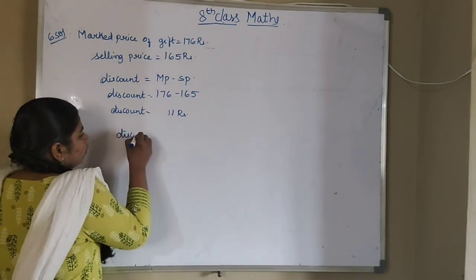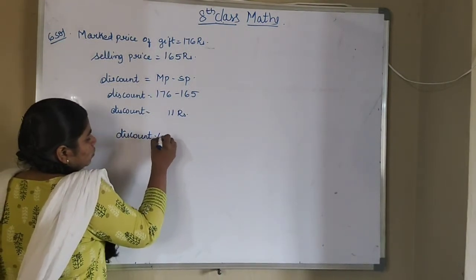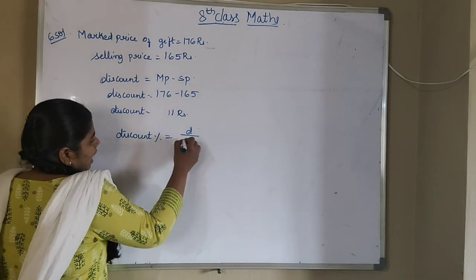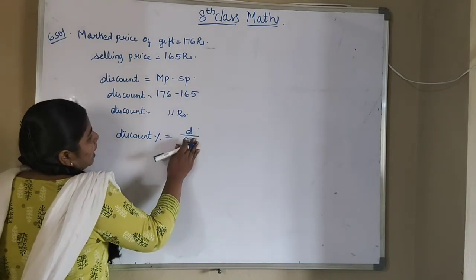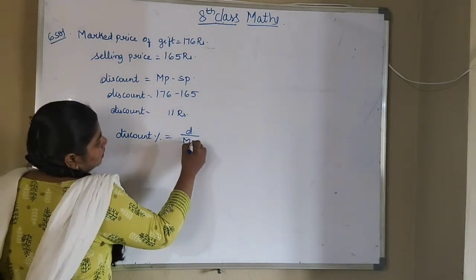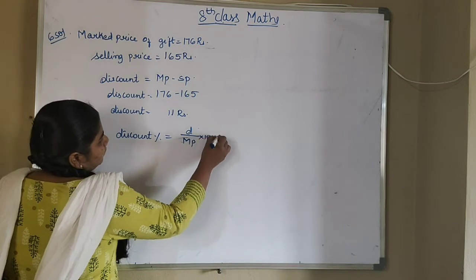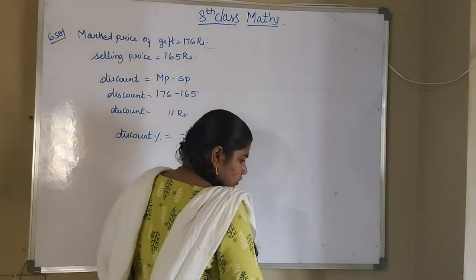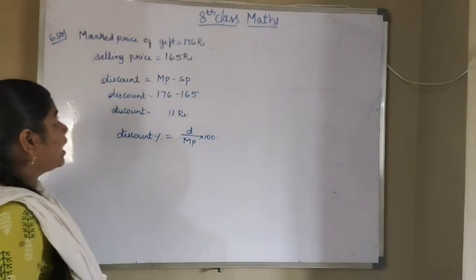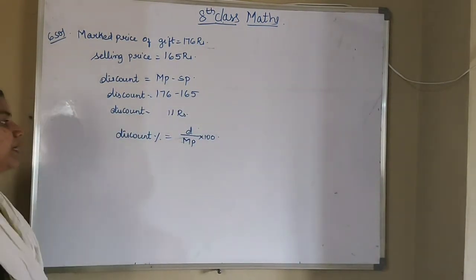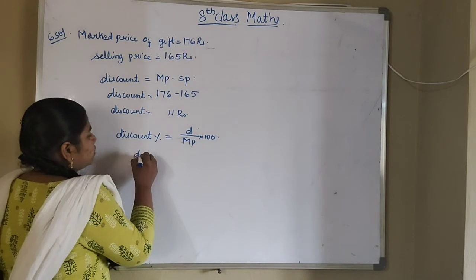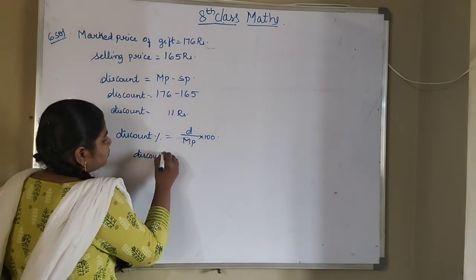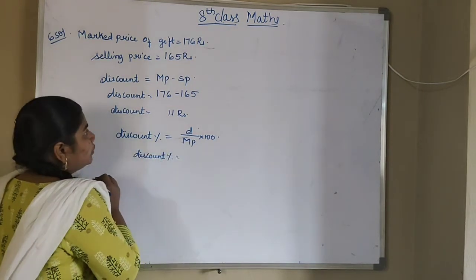So discount percentage is equal to discount by market price into 100. So what is the discount formula? Discount percentage is equal to discount by market price into 100. So what is the discount value?